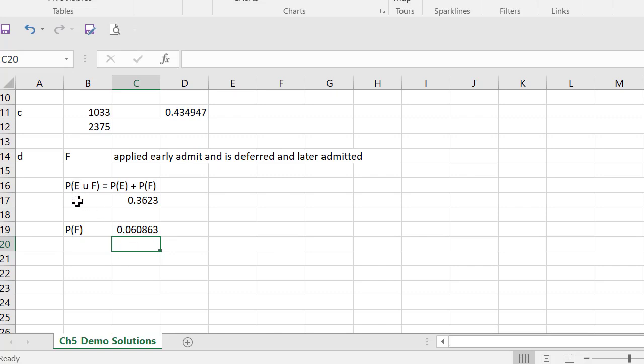Then the probability of E union F is the probability of E, that's what we've got here, plus the probability of F. So this plus this, and the answer is 0.4231. That's the probability that a student will be admitted for early admission or be deferred and later admitted during the regular admission process.